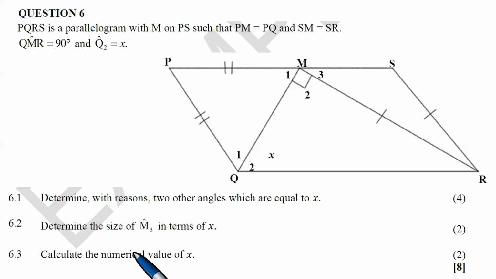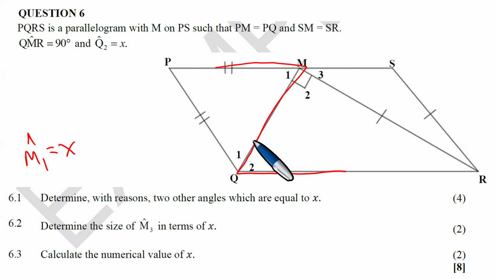Why would you think that is the case? I agree with you. The angle M1 equals X, because this one is already X, and these are going to be X.